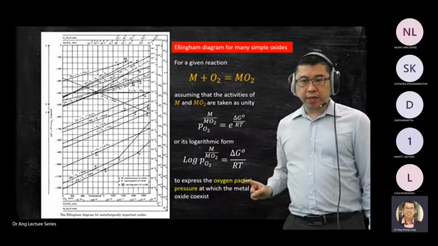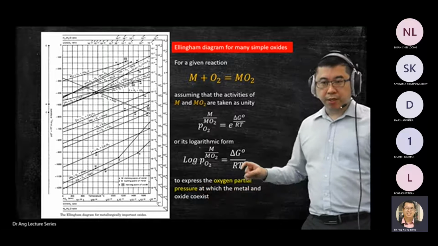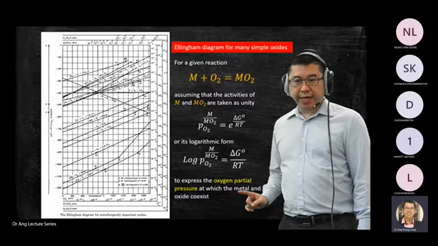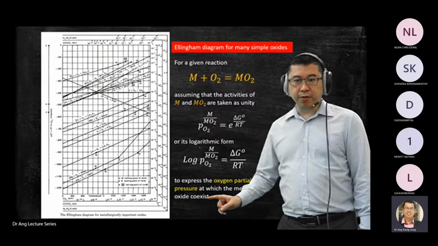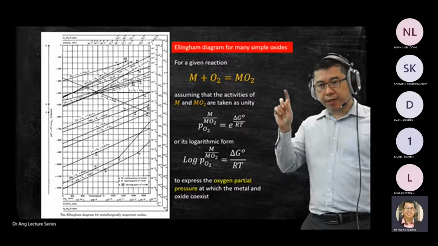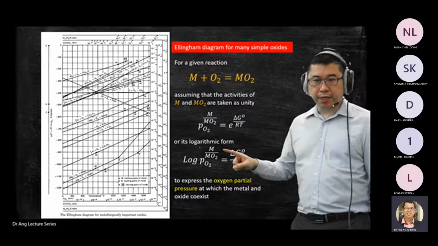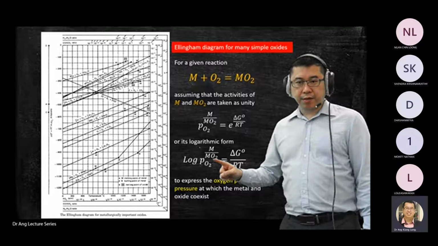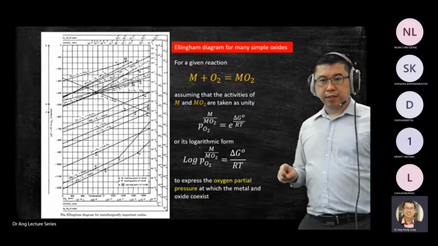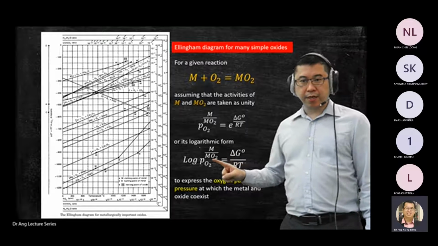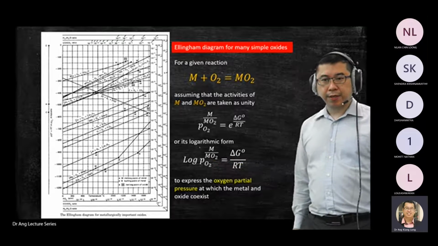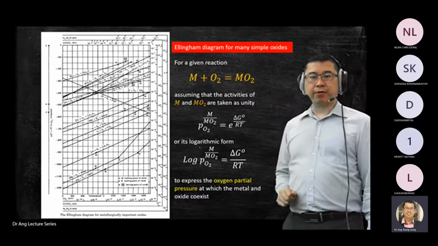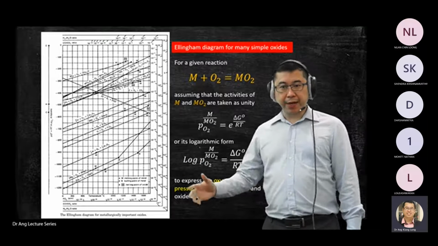PO2 here is oxygen partial pressure, where they can detect metals and oxide appearing in the experiment. That's why they take an exponential of metals compared with metal oxide. So it's a ratio of metals and the metal oxide. Okay. So this is another chemical reaction for the Ellingham diagram.